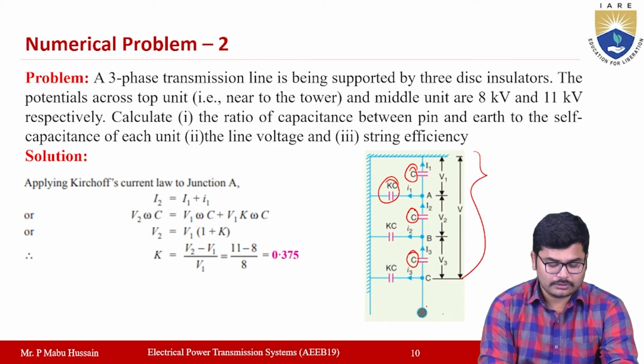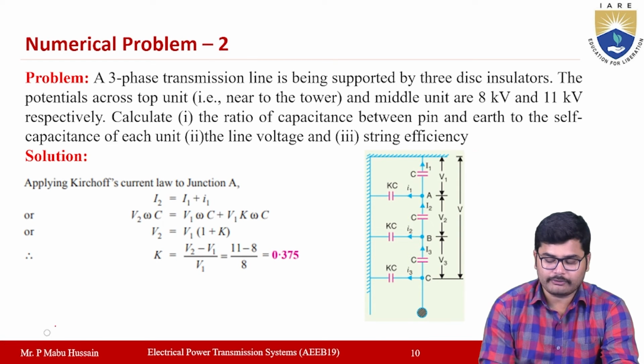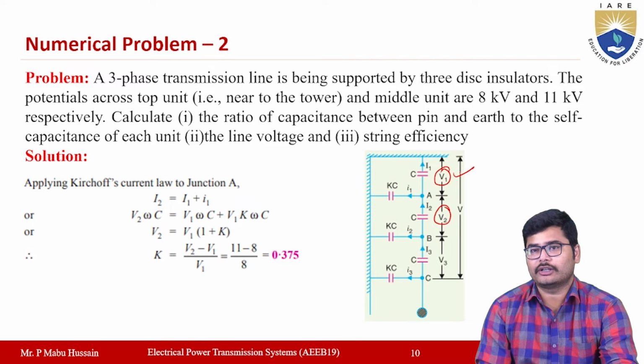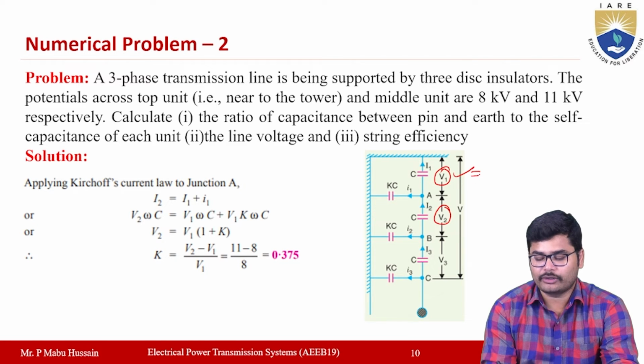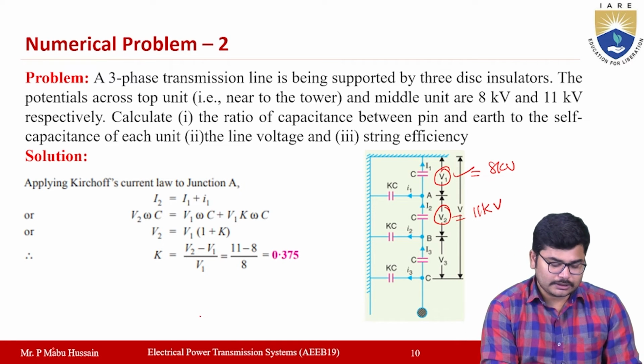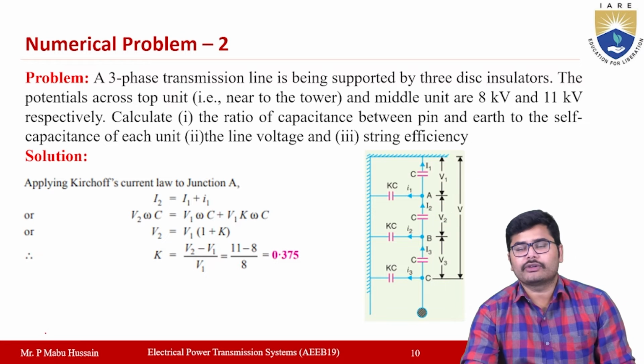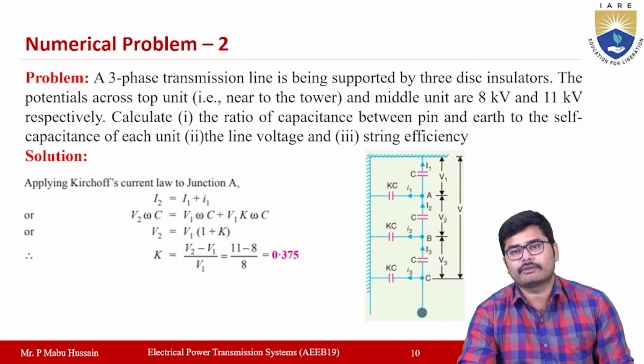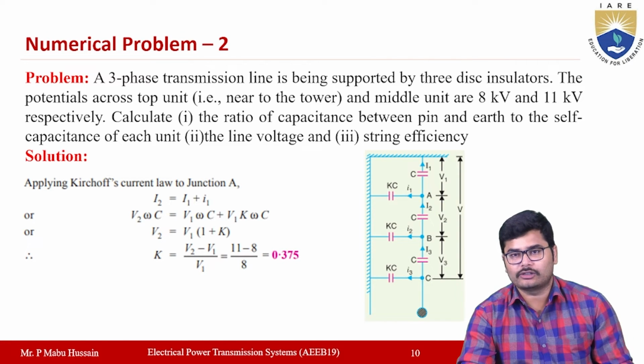In the problem they gave the voltage across the first unit, which is near to the tower, V1 equal to 8 kilovolts, and the middle unit V2, which is 11 kV. Whatever procedure we have done in the previous problem, the same we are doing here also.